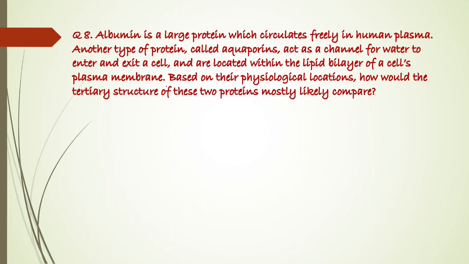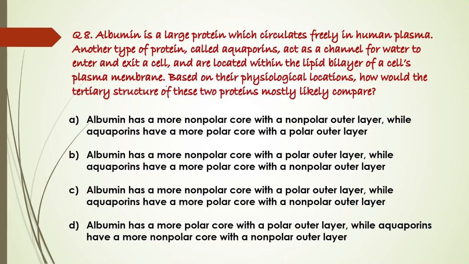Based on their physiological locations, how would the tertiary structure of these two proteins most likely compare? Okay, so these are your four options. Read the question very carefully, noting where they are found, and it will be easy for all of you to guess what kind of tertiary structure these proteins have depending on their location. Read the question repeatedly and select the correct option from the four.